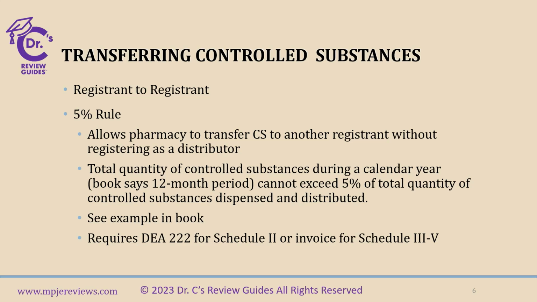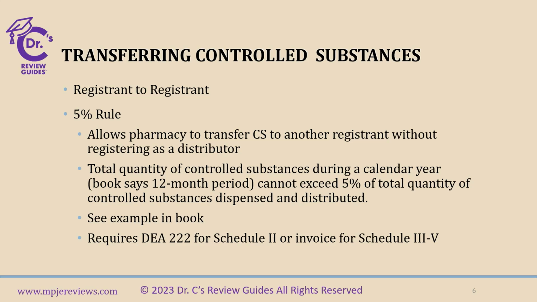And I got it correct in the slide here. So anyway, you take the total number of controlled substances that are both dispensed and distributed in the calendar year, and then you take the total number in the calendar year that you distributed only, and that can't be more than 5%. So the numerator would be the number you distributed, the denominator would be the amount you distributed plus the amount you dispensed.